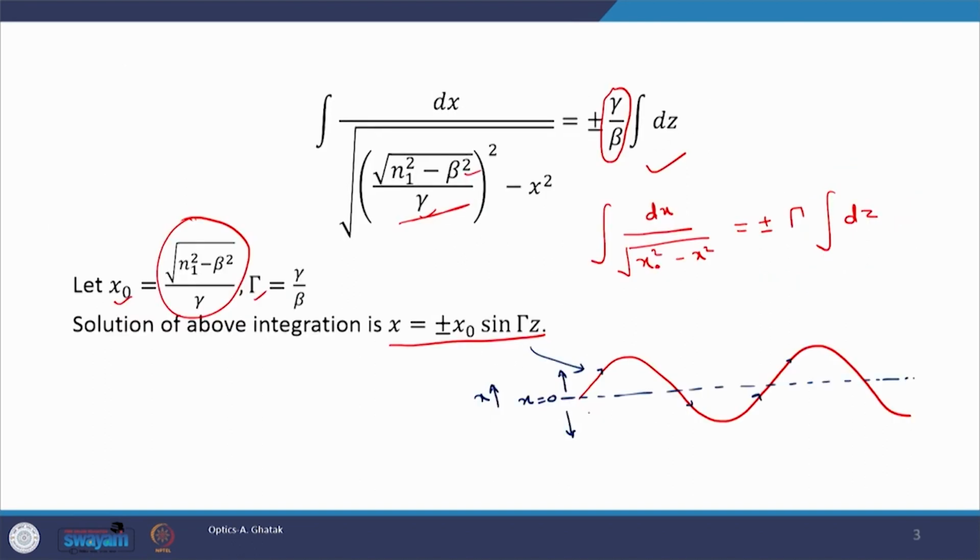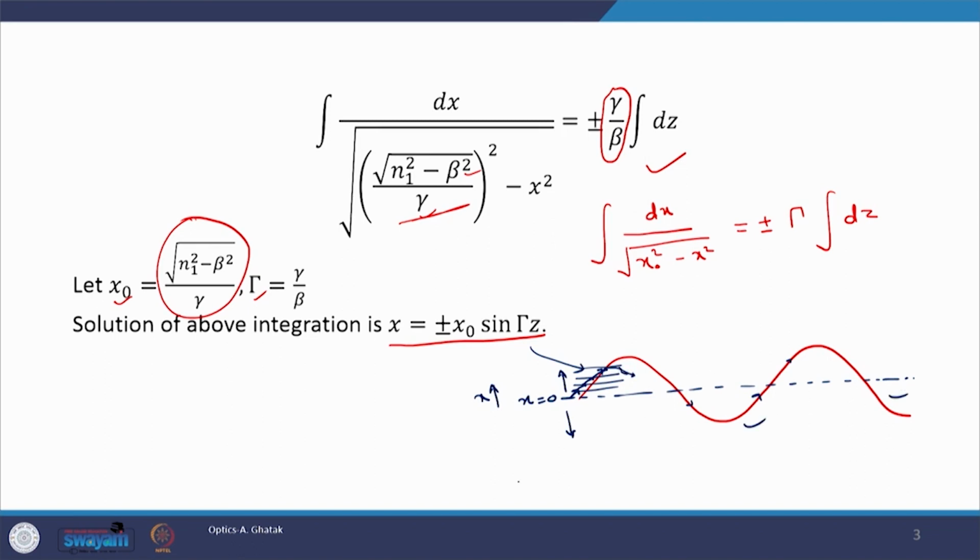Now, if the refractive index is decreasing as we move up or down, we can divide the medium into small strips, and each upper strip has a lower refractive index as compared to the immediately lower strip. Then the ray which is going in this direction, after getting refracted, will move away from the perpendicular to the interface, and each such bending ultimately gives the ray this path, which is given by this red one.